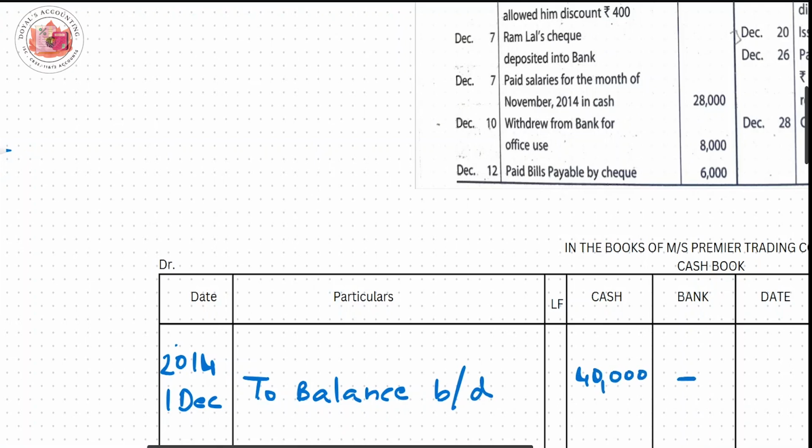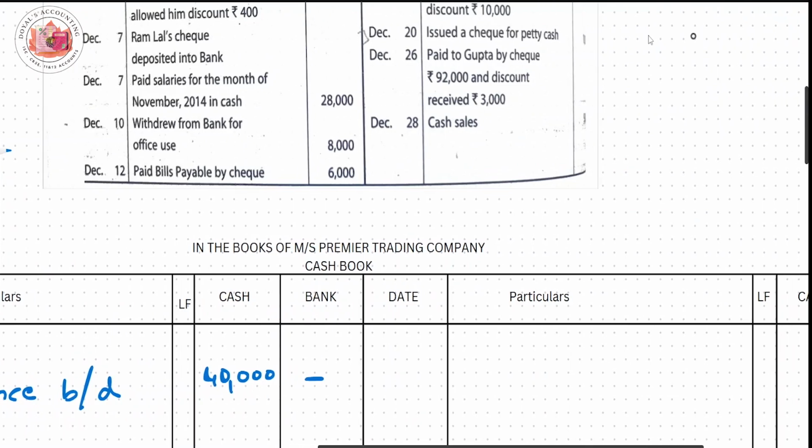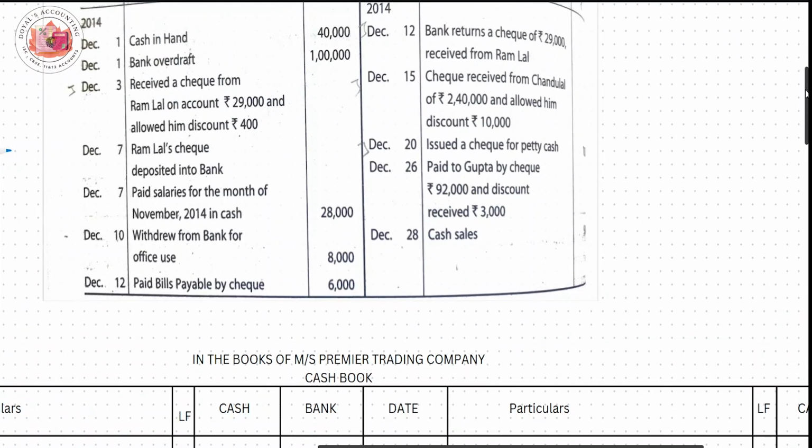And on my credit side, I am having a bank overdraft of 1 lakh.